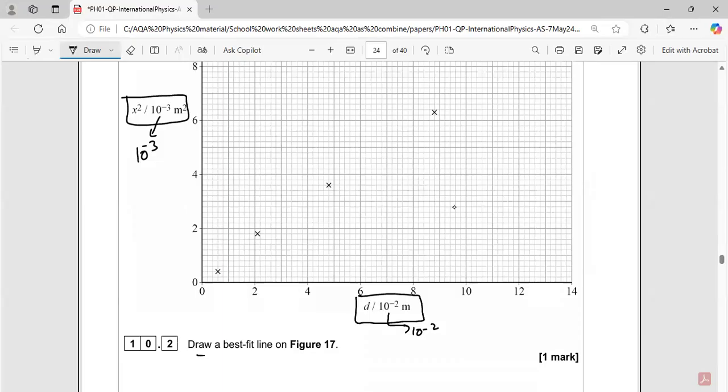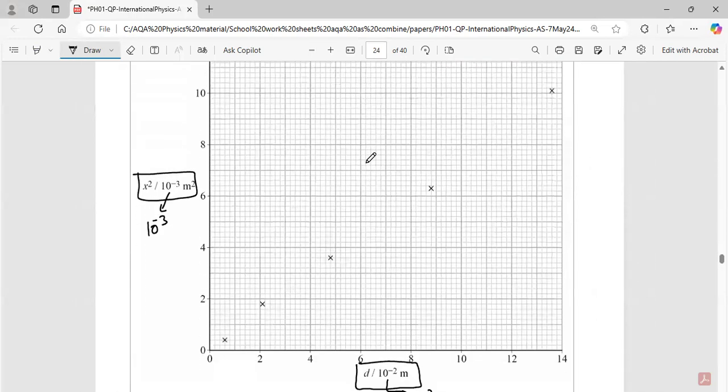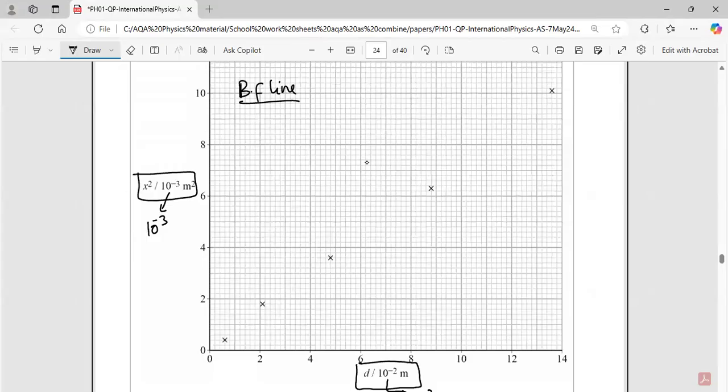So they're saying that you draw the best fit line. Well, for the best fit line, remember that number one, you have to use a 20 centimeter ruler with you.